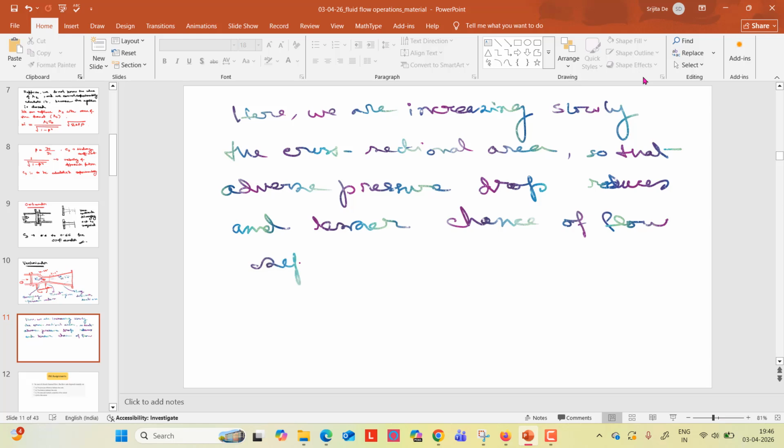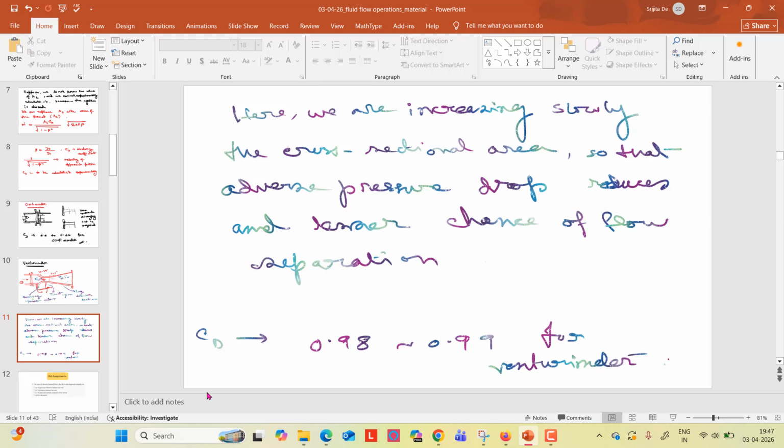Okay. So because of this, the flow separation is higher in case of orifice meter. Pressure jump is also higher from delta P. But to reduce those things, venturimeter is designed like this. So in this case, CD, the discharge coefficient will be around 0.98 to 0.99 for venturimeter. Okay.